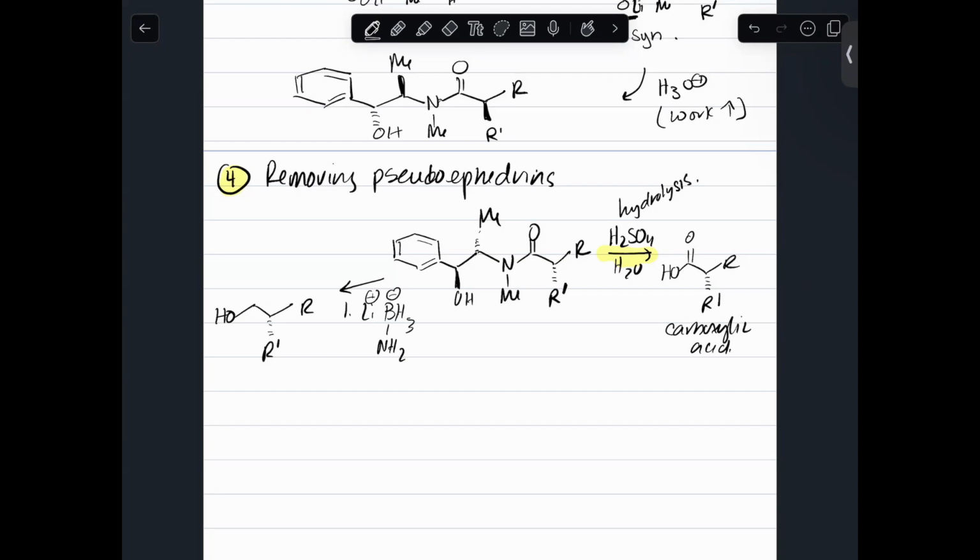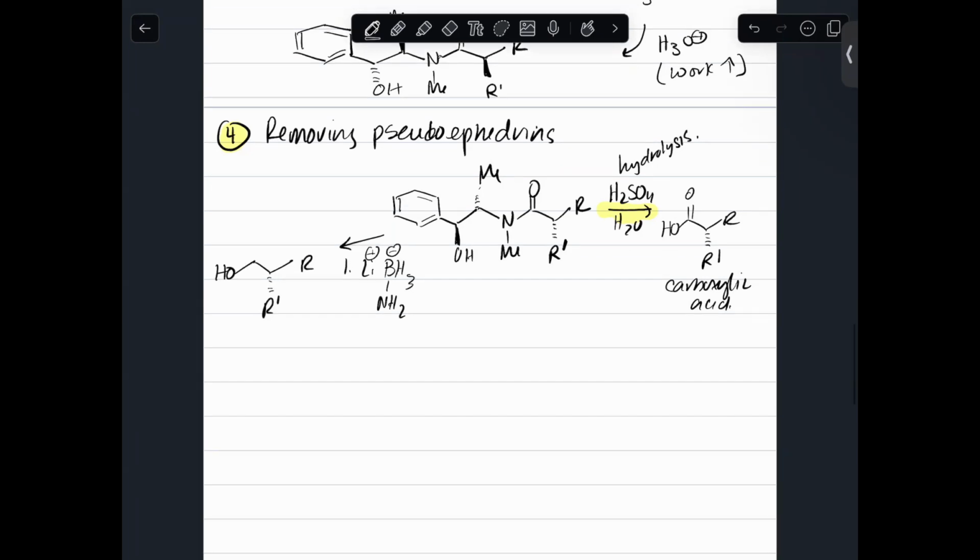It's not lithium aluminum hydride. This borohydride reagent is specifically used as a reducing agent and commonly used for amides. Okay.